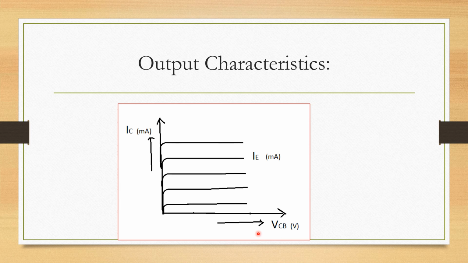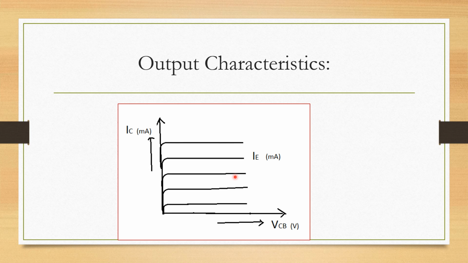When this VCB increases above 1 or 2 volt, collector current IC becomes constant. We can clearly observe here, before 1 or 2 it is varying, and later on it is almost constant.